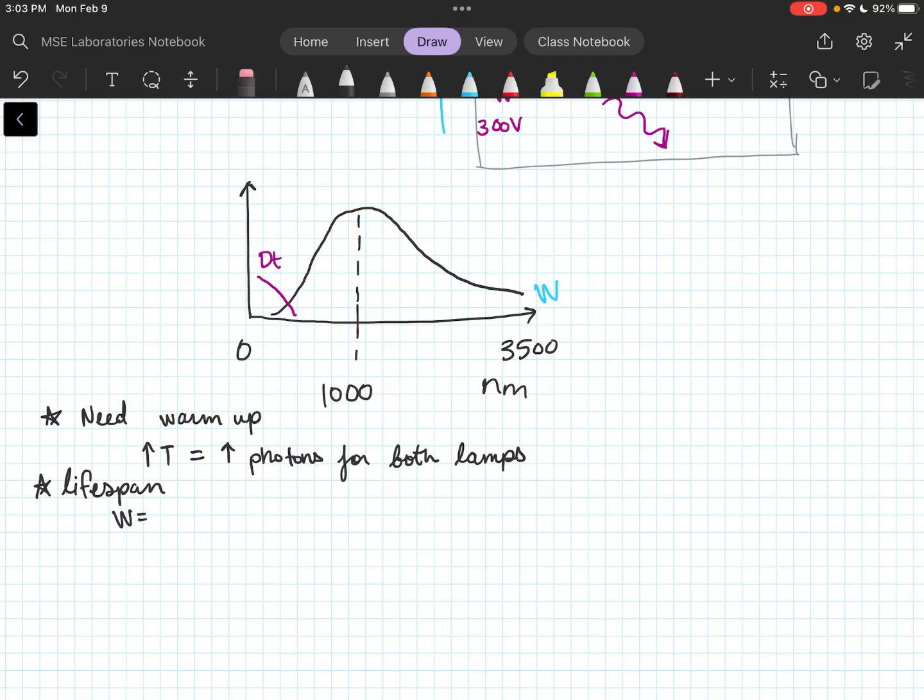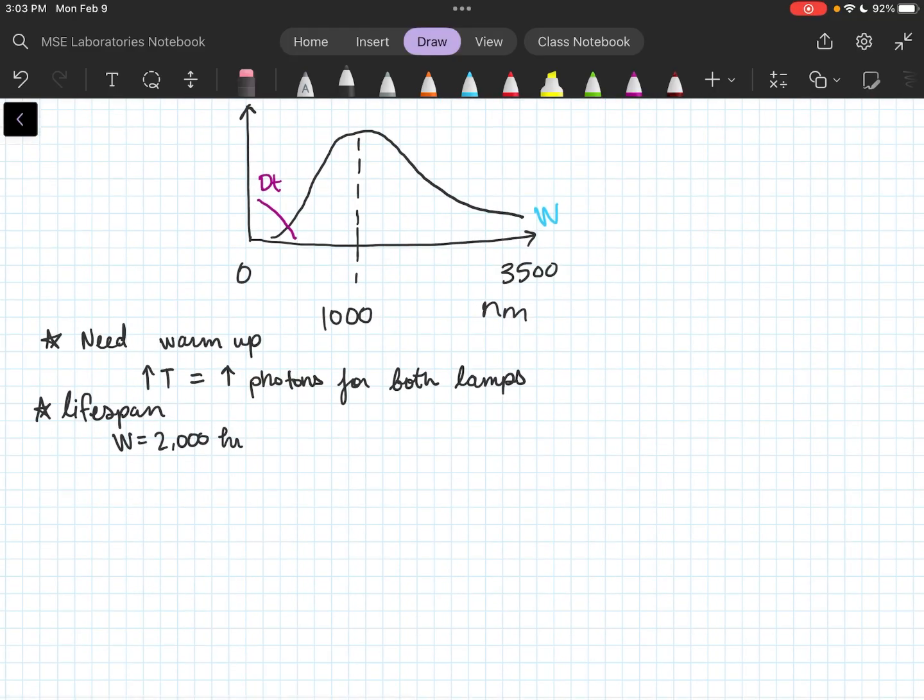For the tungsten lamp that we use, it lasts for about 1,000 hours. 2,000 hours. Got my lamps mixed up. So the tungsten lamp that we use lasts for about 2,000 hours of functioning time.